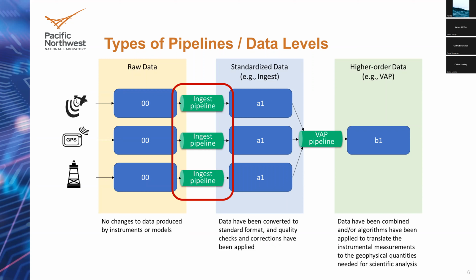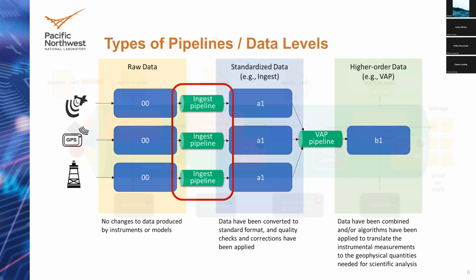These could be something simple like calculating salinity from a CTD, or converting time series data into the frequency domain, maybe for spectral analysis, or something a little more complicated like synchronizing time across multiple instrument data streams. But for now, Tsdat is focused on converting raw data to standardized data, and we hope to get up the VAP pipeline in the future, because this is really where value is added.